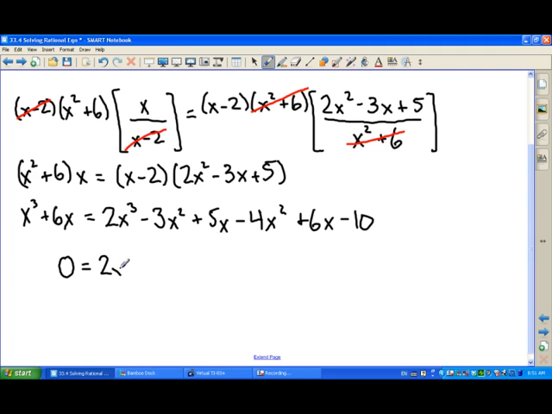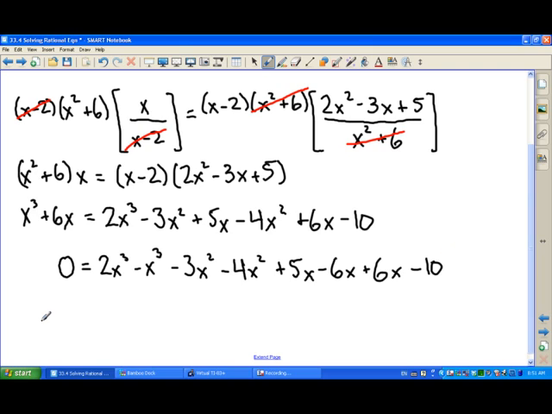So I'll have 2x cubed minus x cubed, minus 3x squared, minus 4x squared, plus 5x minus 6x plus 6x minus 10.